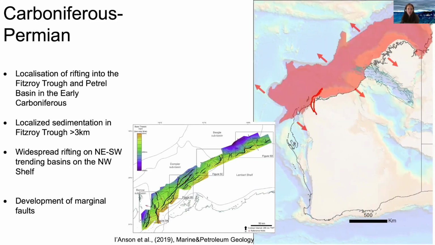We also have widespread rifting on the northeast and northwest trending basins in the Northwest Shelf, and the development of marginal faults. The mapping of these marginal faults was done by Amy and was published in Marine and Petroleum Geology.